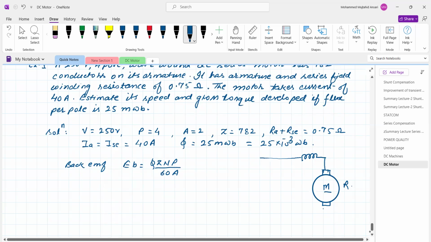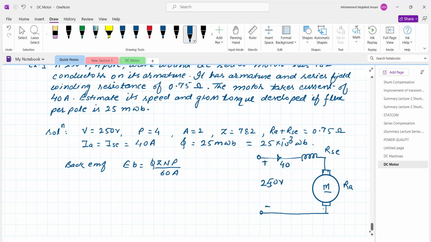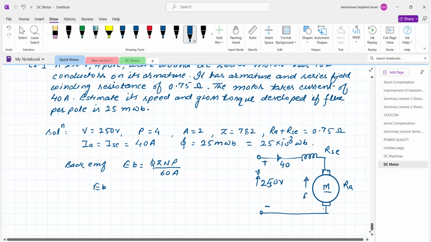It has armature resistance and series field resistance, and it is excited from the DC supply whose value is 250 volt, and it takes a current of 40 ampere. Now the back EMF EB is opposite to the supply voltage. This is the voltage V, and it is opposite, the back EMF.